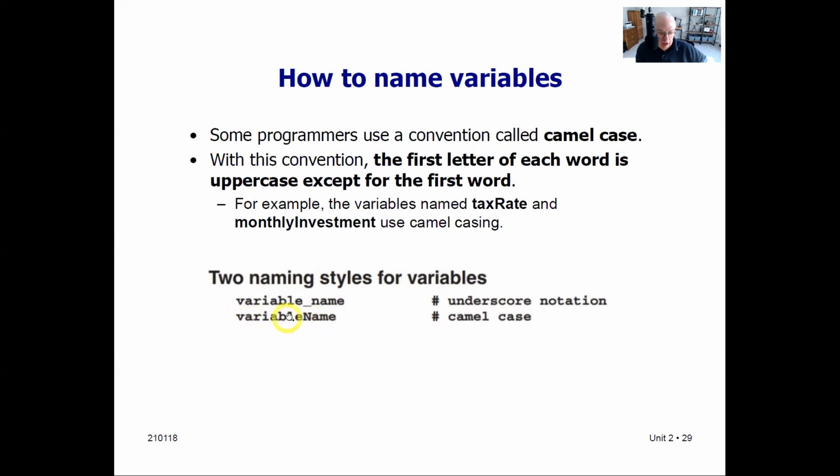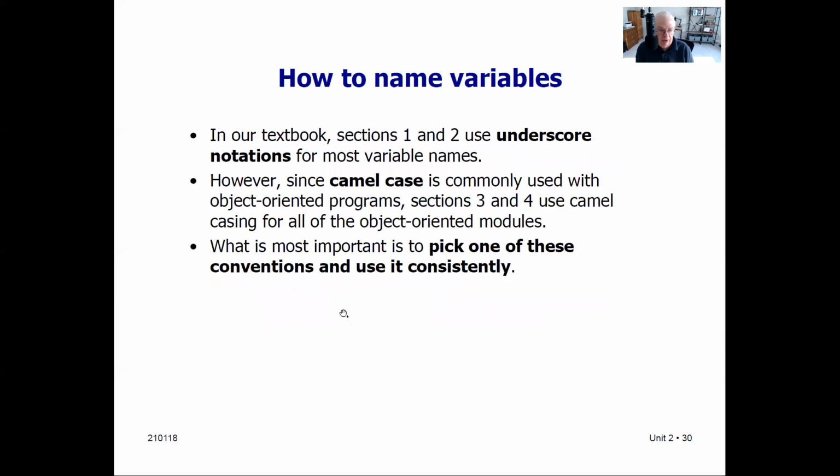So it starts off with the lowercase letter, and then when a new word comes along, it is uppercase. So variableName, and if you had three words in the variable, like variableNameJones, or whatever the third word might be. So just realize you don't have those underscores getting in the way. To me, that is cleaner. So I think this is interesting.